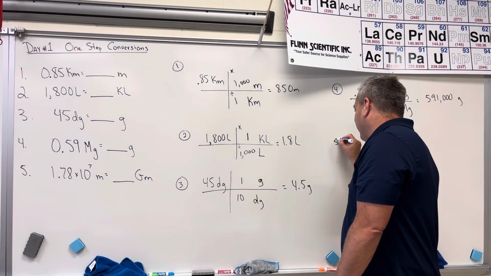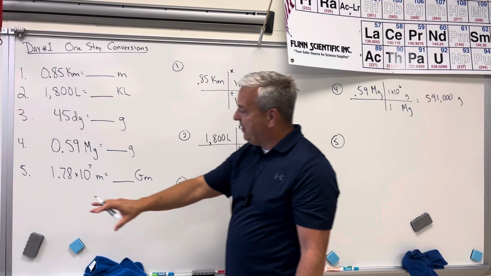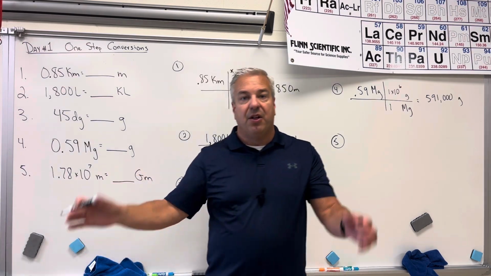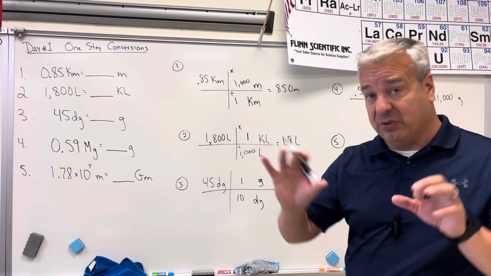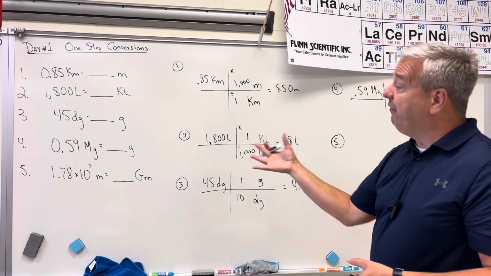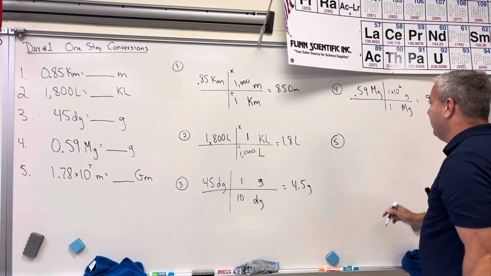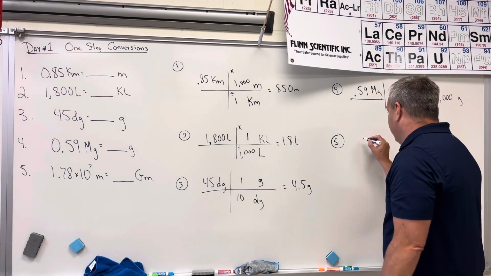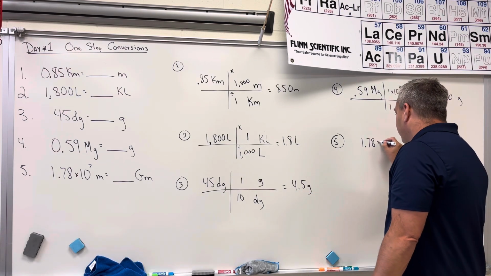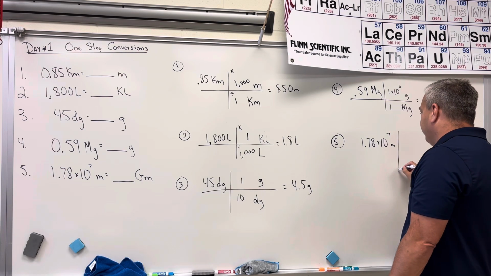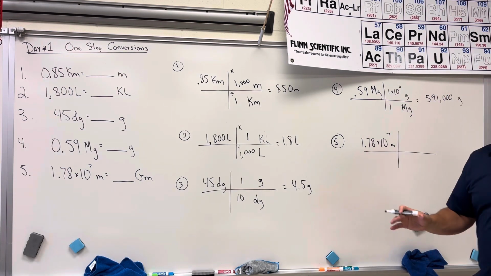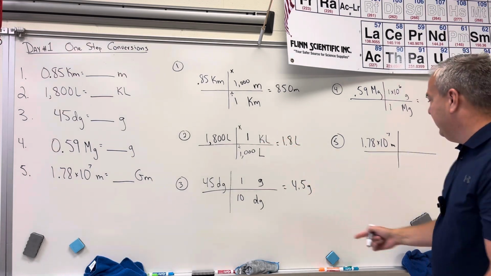And when we get to our last problem, we not only have exponential notation here, but we're going to have exponential notation in our conversion factor. So this is kind of like the hardest of the 5 problems. So let's go ahead and set it up. We got 1.78 times 10 to the 7th meters as our given. And we need to convert those meters into gigameters.